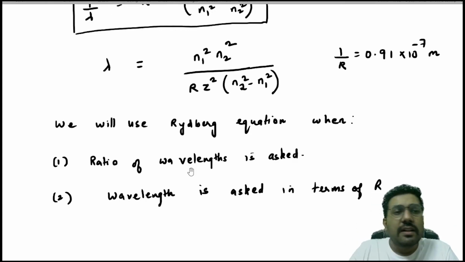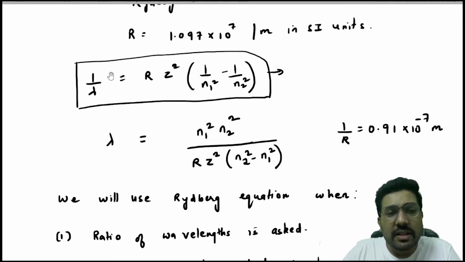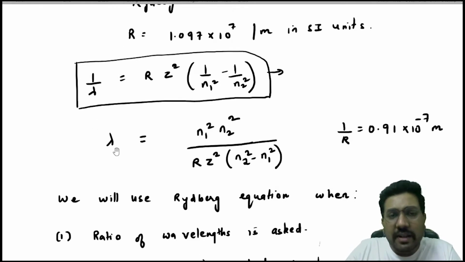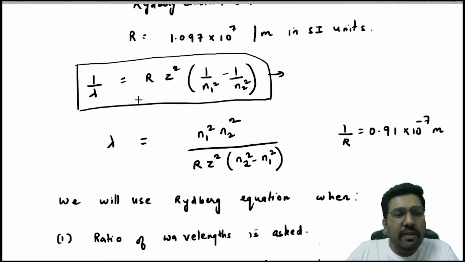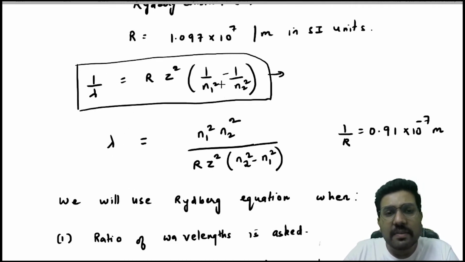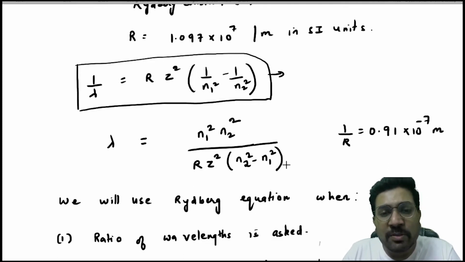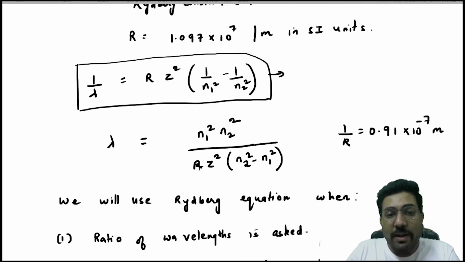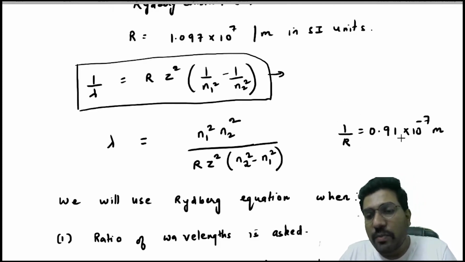Just take this simple Rydberg equation, and if you divide 1 by lambda 1 by 1 by lambda 2, you will directly get the value of the ratio. Sometimes wavelength is also written like this: lambda is equal to, just take this LCM and you will get n1 square n2 square divided by R Z square into n2 square minus n1 square. The value of 1 by R is 0.91 into 10 raised to power minus 7 meter.